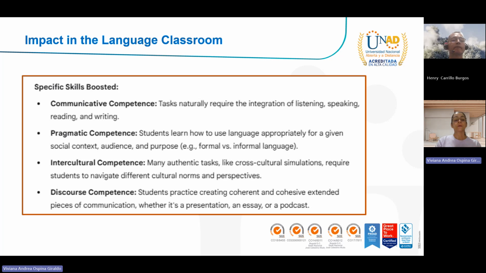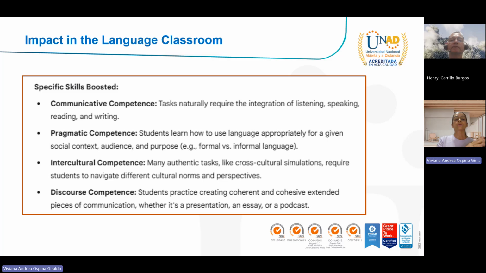Other specific skills that are boosted are communicative competence, which naturally, when we have a task where they need to communicate, they will be able to integrate their different skills to complete the task and do it accurately by using the different possibilities that they have.